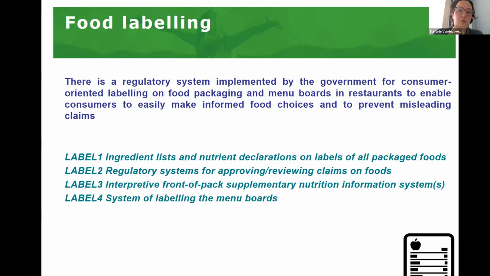But then the next one is looking at having regulations on nutrition and health claims. What's important there is to have a good nutrient profiling system, for example, to prevent nutrition and health claims from appearing on less healthy foods.